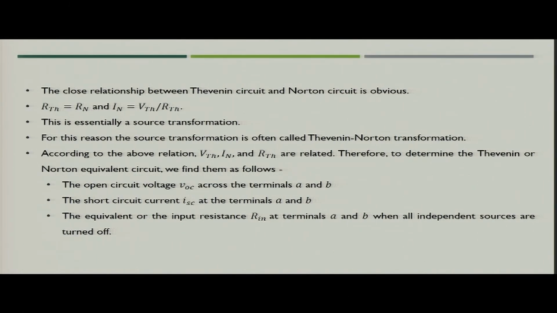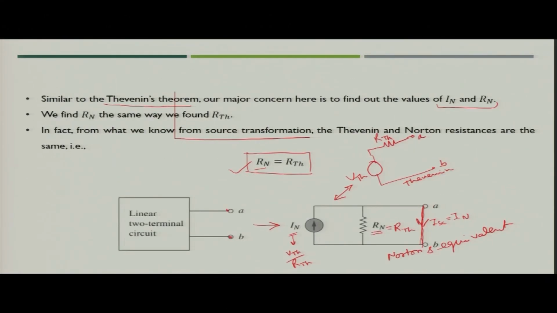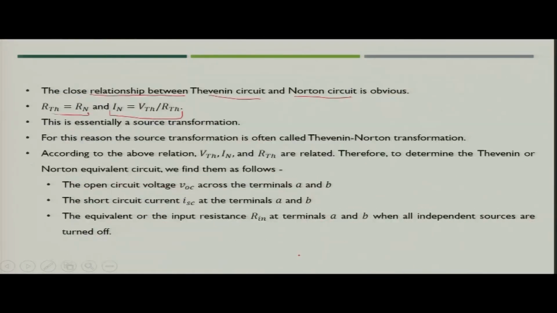Now, let us understand the close relationship between the Thevenin circuit and the Norton circuit. We have just established that RTH, the Thevenin resistance, is equal to Norton's resistance, and as we discussed in the case of source transformation, when we carry out the source transformation, the Norton's current is nothing but V Thevenin divided by R Thevenin.